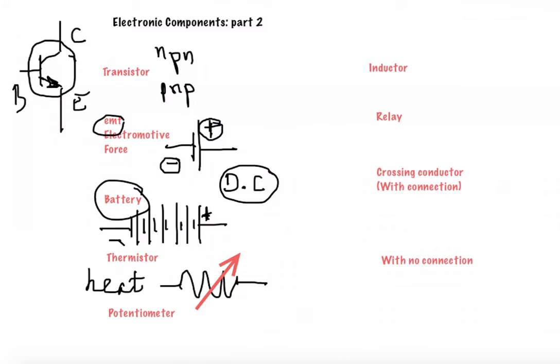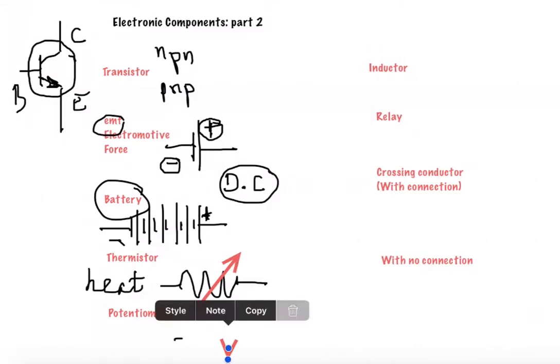Now, another thing very similar to that one is the resistance with an arrow also, but the arrow this time is pointing to the center of the resistance. I'm gonna redraw it because it's not correct.